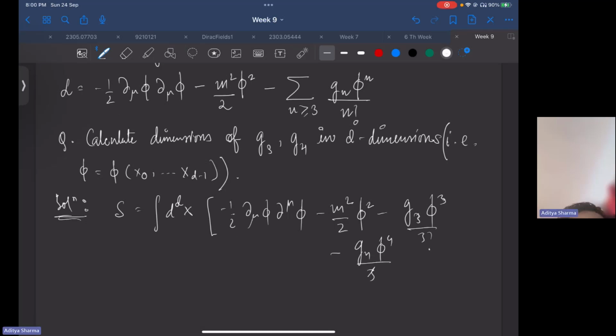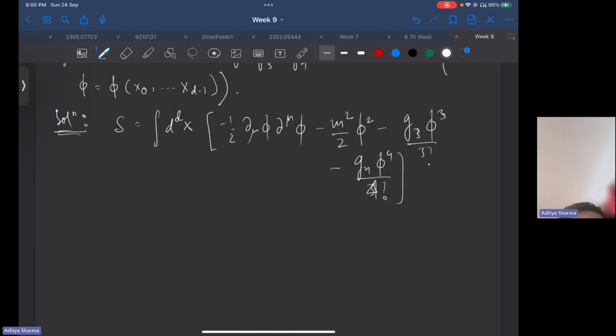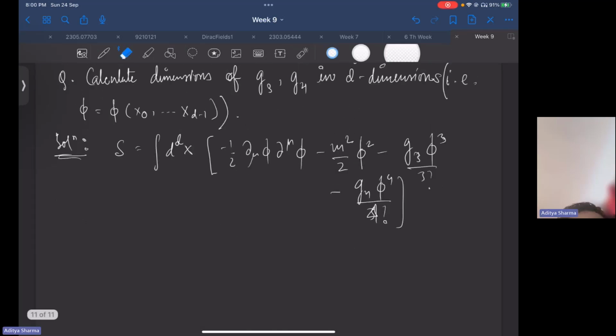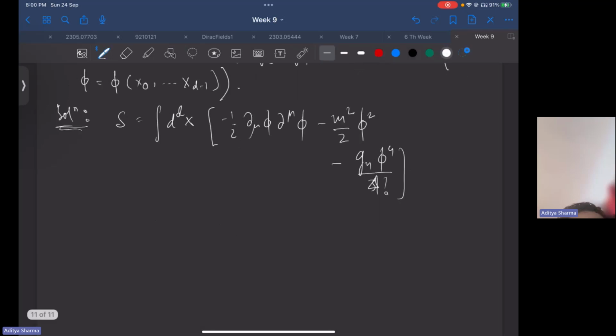So we need not be worried about other terms. We'll just worry about this term. Okay, then I'll also remove G3. I'm not worried about this term. I'm only worried about G4.